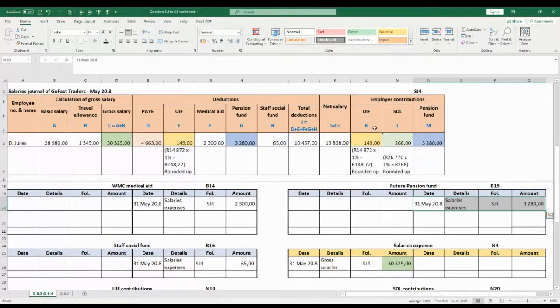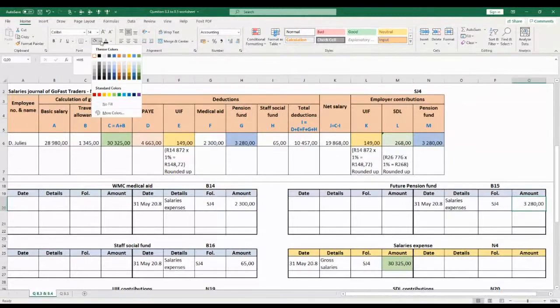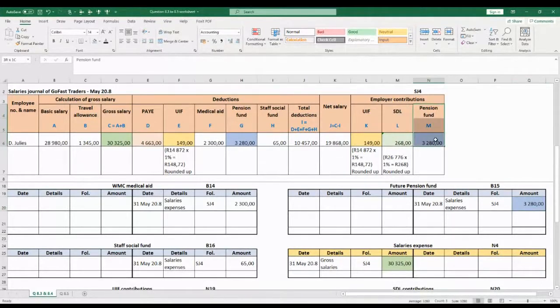We firstly show salary expenses, and we show the 3,280 that we have contributed as the employee. But now we also said that the employer contributes the same amount. So this will also be taken to the liability account, but in this event, we take it to the pension fund contribution.